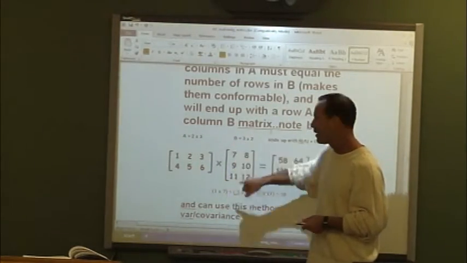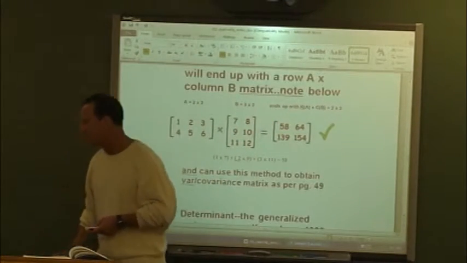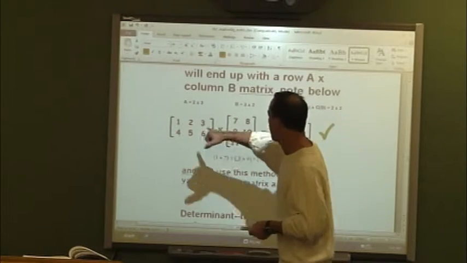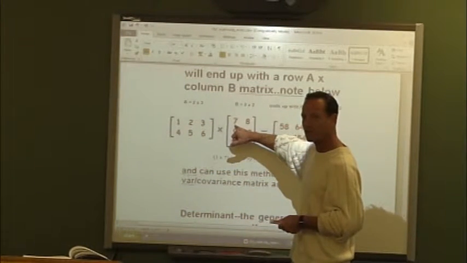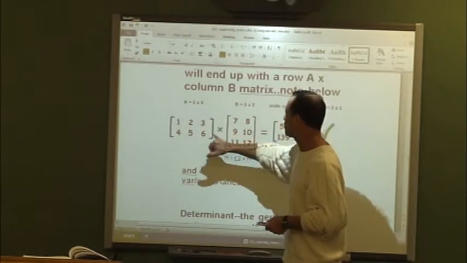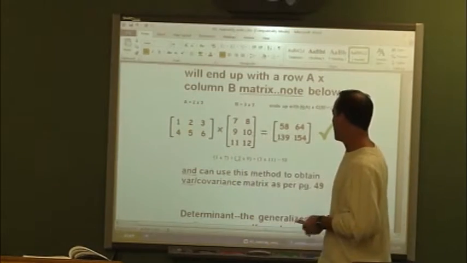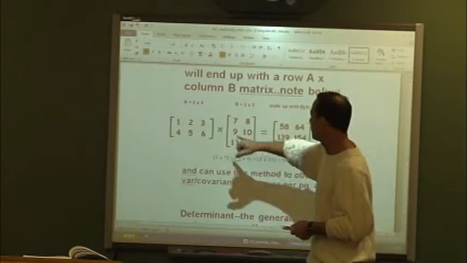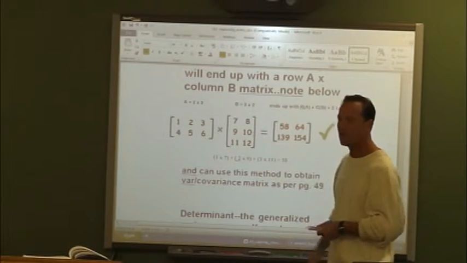So then what you're going to do, everybody, look at this carefully. You're going to take 1 times 7. Is everybody with me so far? Plus 2 times 9 plus 3 times 11. I'm going to take that row and the column.